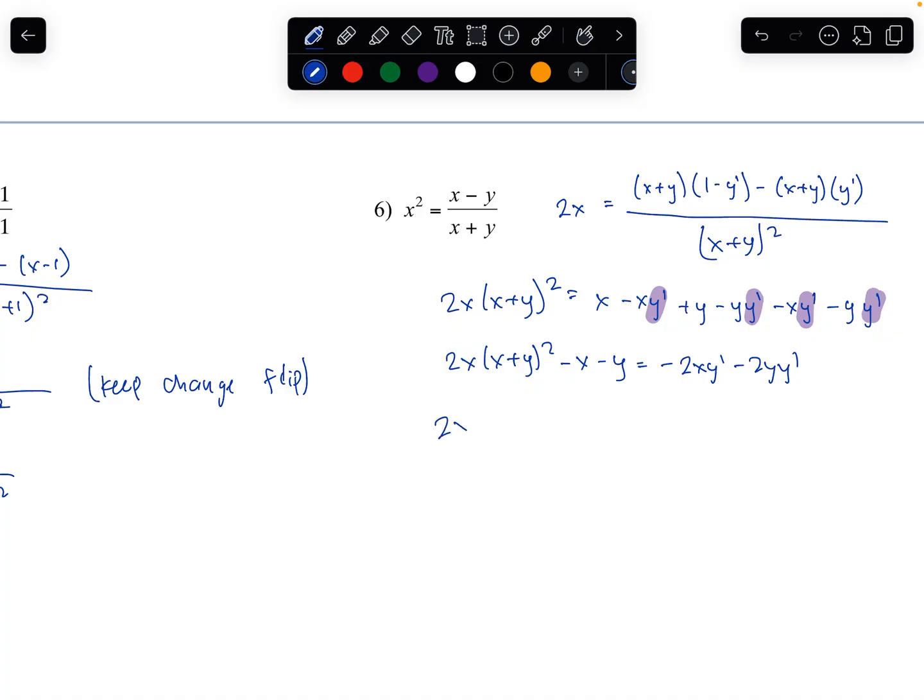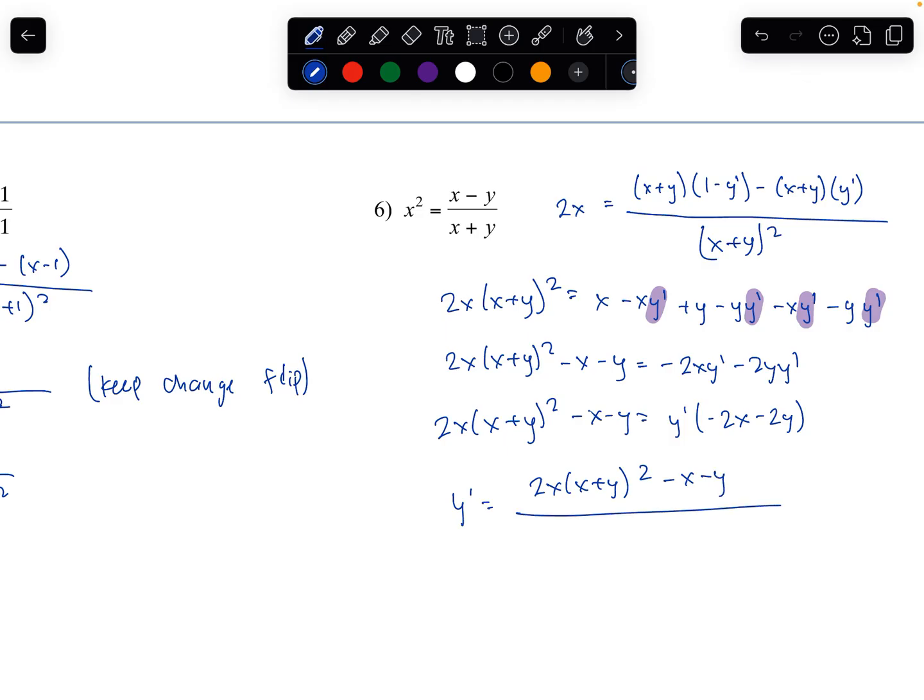So we have 2x(x plus y) squared minus x minus y equal to, we can factor out the y prime, and then we would have minus 2x minus 2y, so y prime will be equal to 2x(x plus y) squared minus x minus y over negative 2x minus 2y.